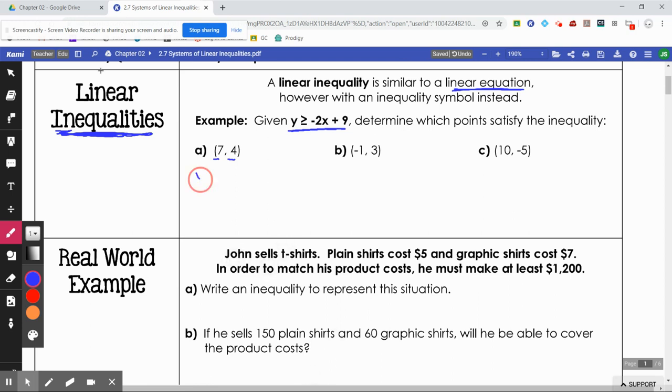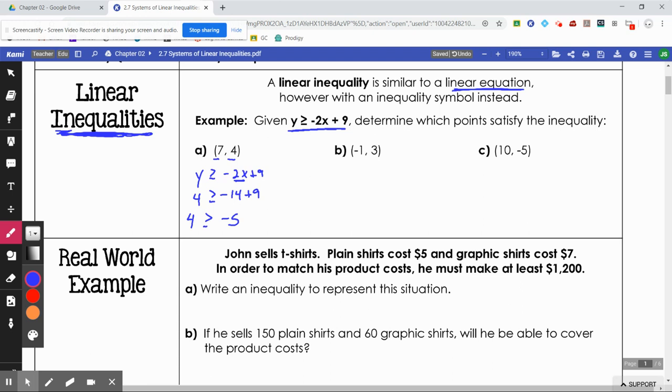So y is greater than or equal to negative 2x plus 9. When we plug in 4 for y, is greater than or equal to negative 2 times 7, plus 9. And that gives us 4 is greater than or equal to negative 14 plus 9, which is negative 5.